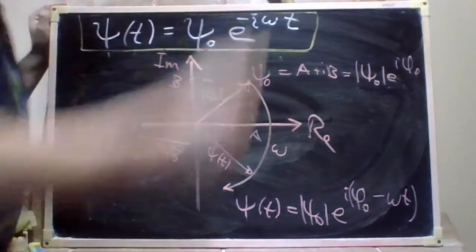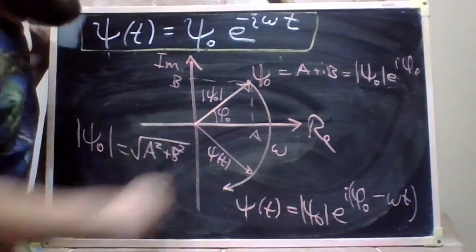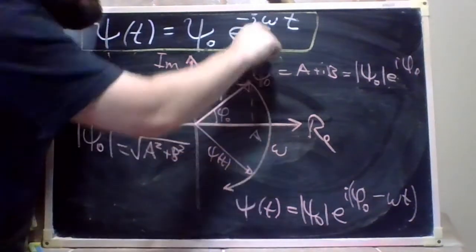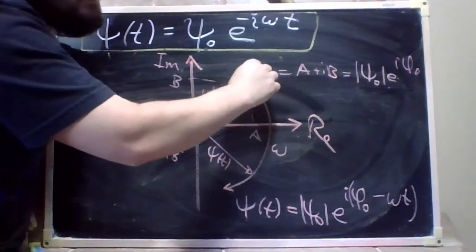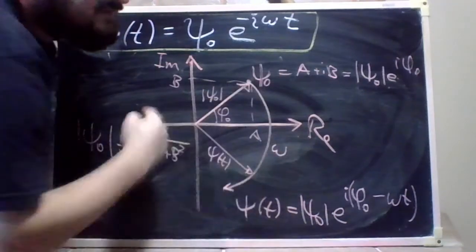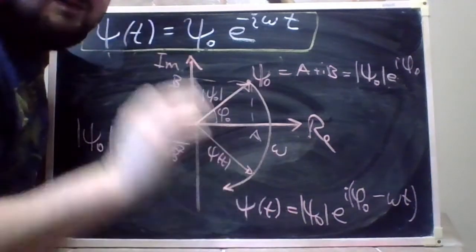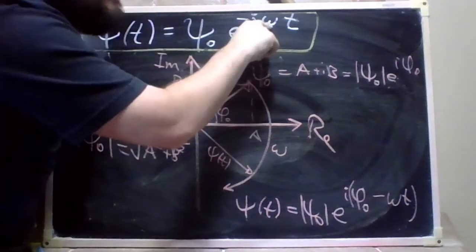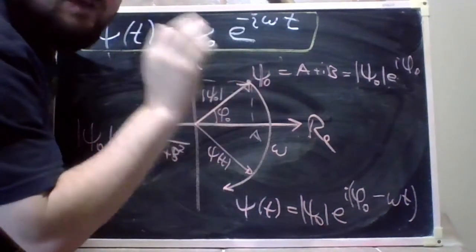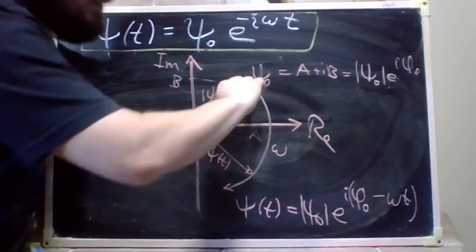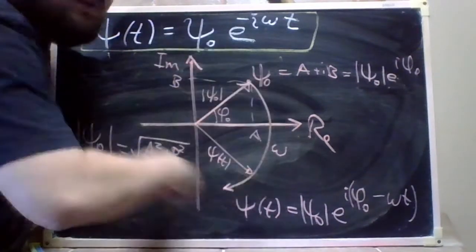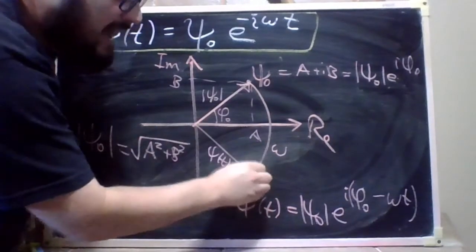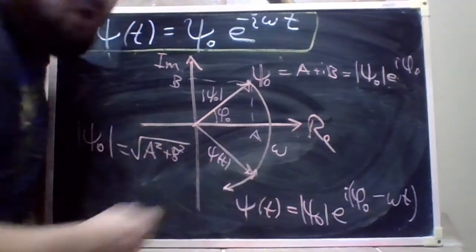And if omega is not a real number, it can change the size of the vector. But we are not interested in non-real values for omega. Omega is just a real number for now. So this complex number will rotate, keeping its size, its length, constant.